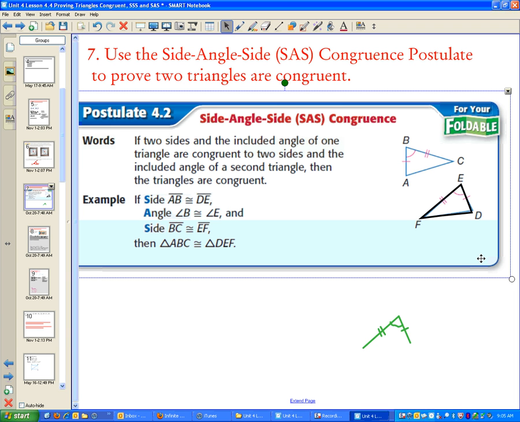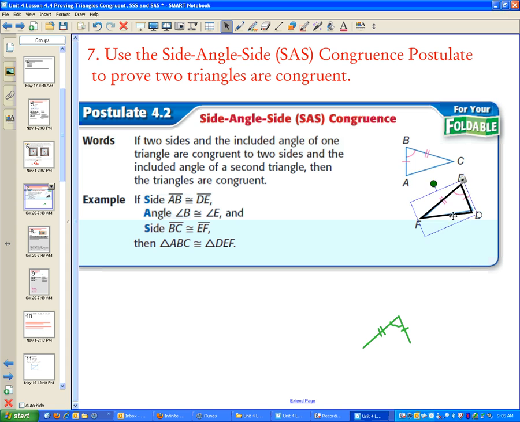Okay? Now, why is it called side, angle, side instead of the two sides and the included angle? Well, first of all, side angle side is easier than calling it the two sides and the included angle postulate. But they're wanting you to trace it out with your eyes. With your eyes, don't write in your book.